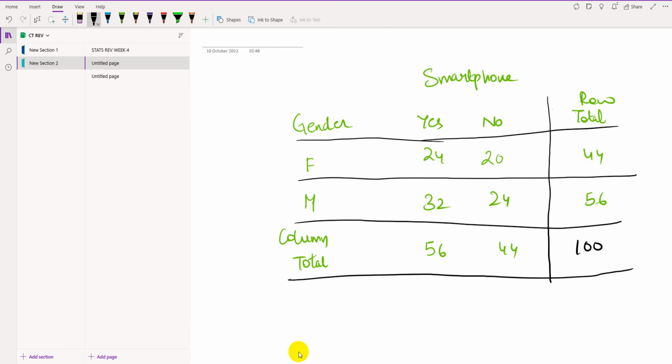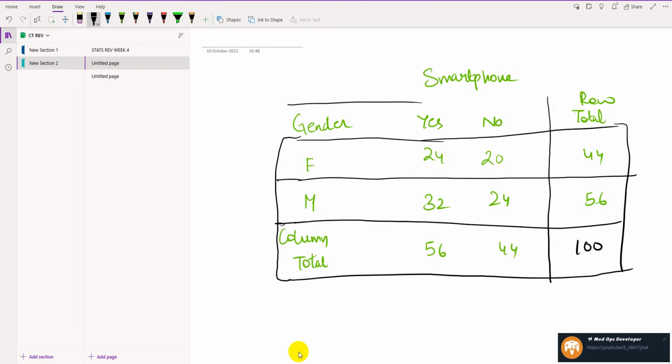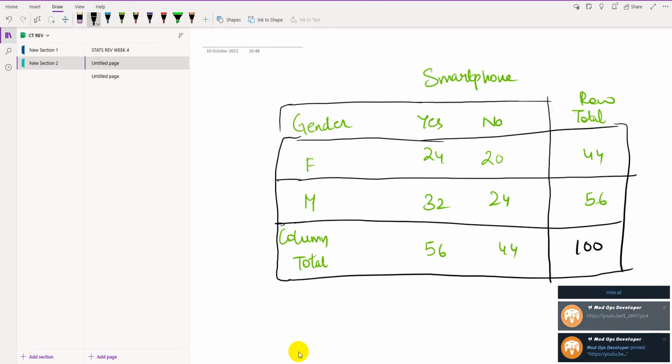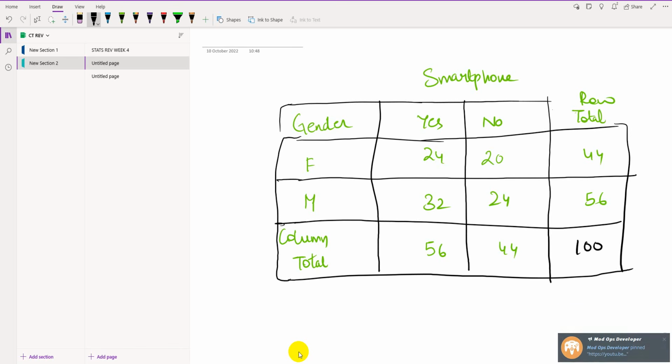The total is 100. We have seen the total is 100 students, where 56 are boys, 44 are girls. The two categorical variables here are smartphone and the gender, and on the basis of how many are having the smartphone, how many are not having the smartphone, we are going to calculate it.